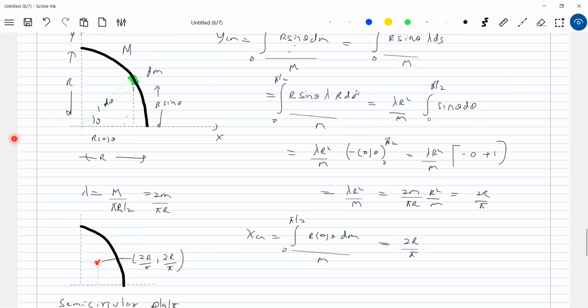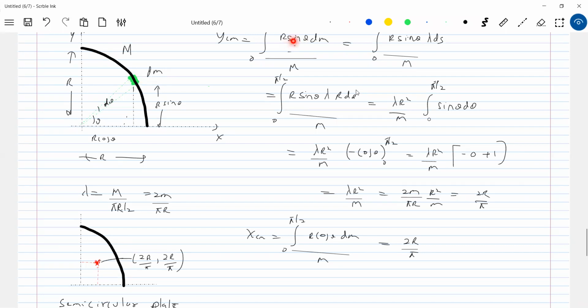Let's go back here. What is this dm? It's a point mass, no? For a point mass, the center of mass will be at its location only. So what is this r? R cos theta. I think all of you are looking at r sin theta. What is r sin theta here?